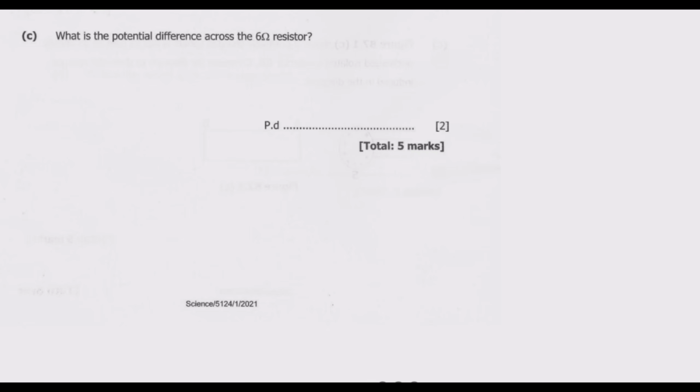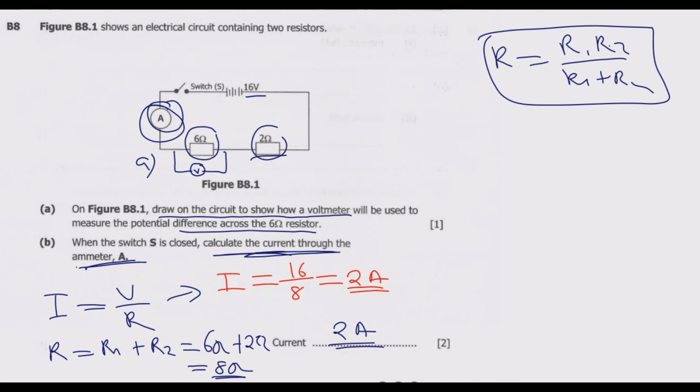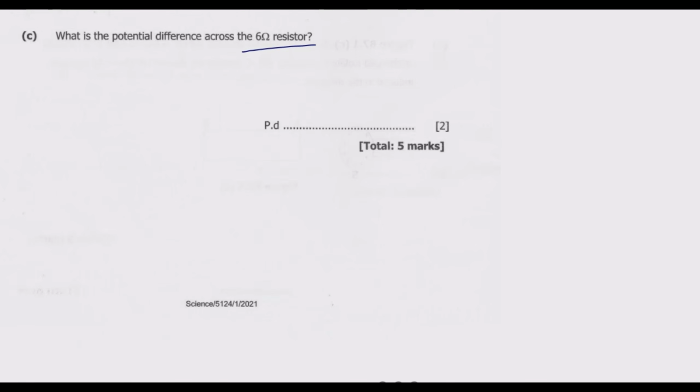So to find it, it will be voltage equals current times resistor. So voltage, the potential difference, is equal to the current in the circuit, which we just found to be 2 amps, multiplied by the resistor, which is 6 ohms, which will just give us 12 volts.